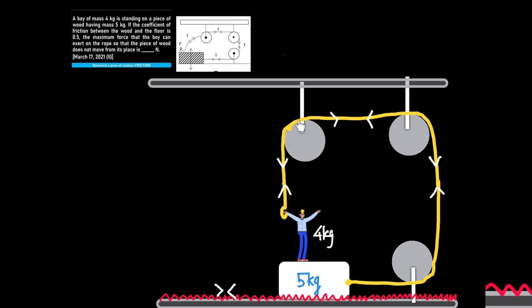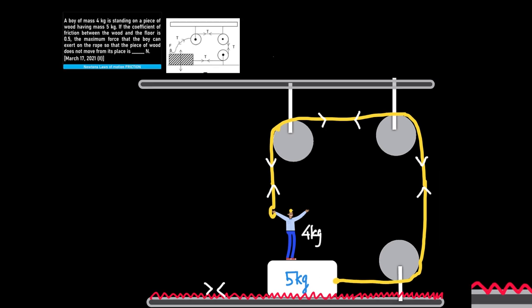So as this rope is pulled down, the string connected to the block will try to push this block towards the right. However, that motion is not taking place. Why? Because of the friction here. And that force the boy is using here will be numerically equal to the tension generated in the string.